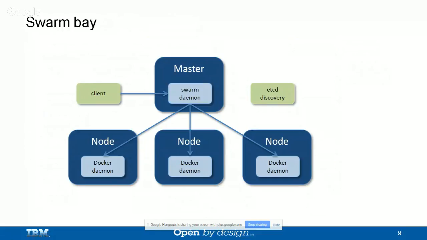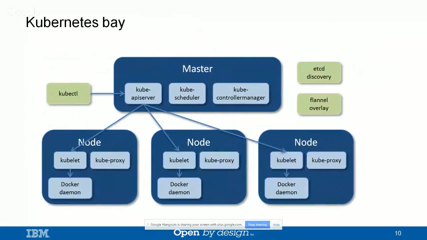Okay. For a Kubernetes bay, it looks a little bit different. The high level structure is still the same, in the sense that you have a master and a number of slaves that host your containers. In the master, you have the kube API server, the scheduler, and the controller manager.